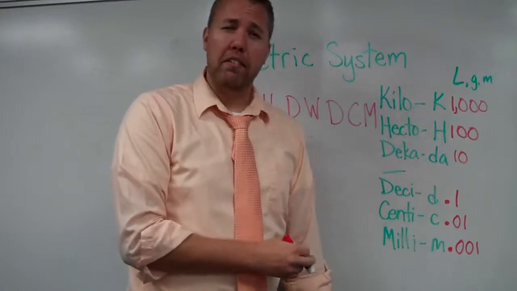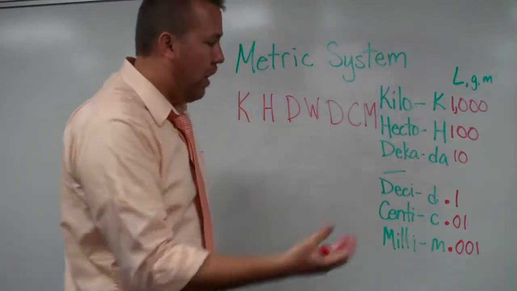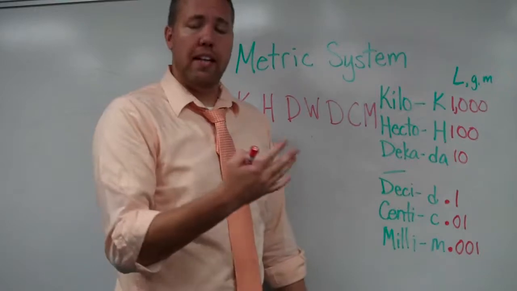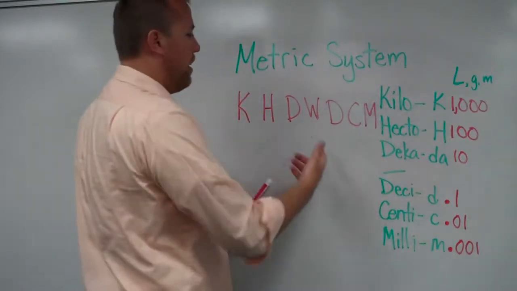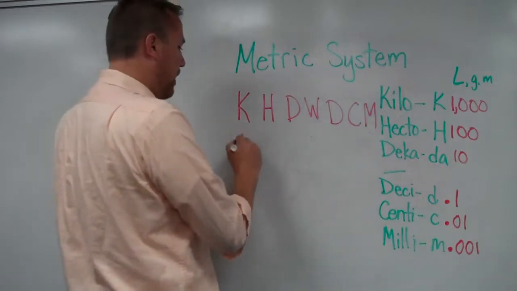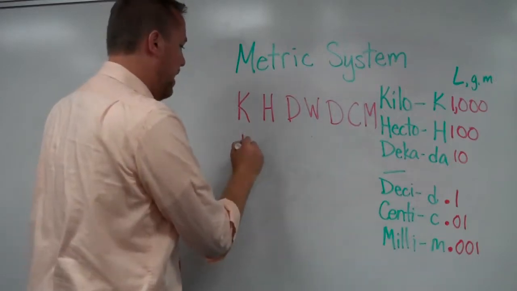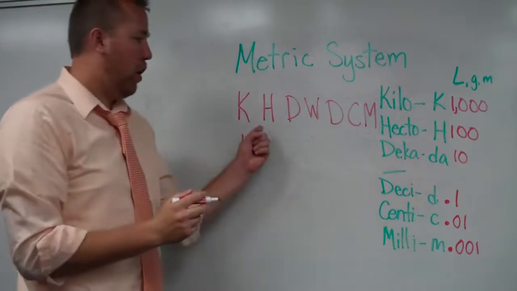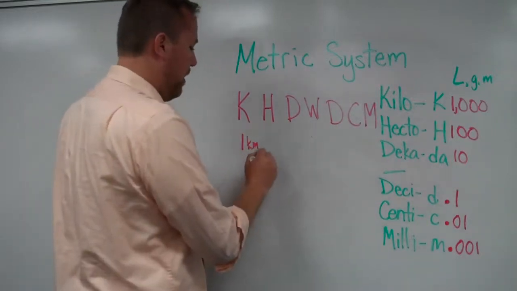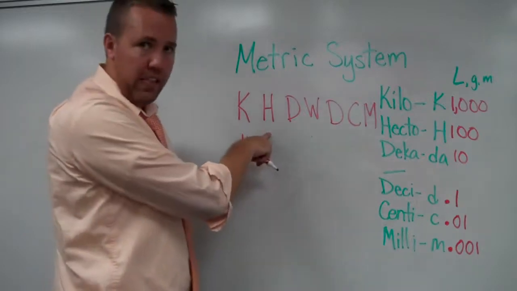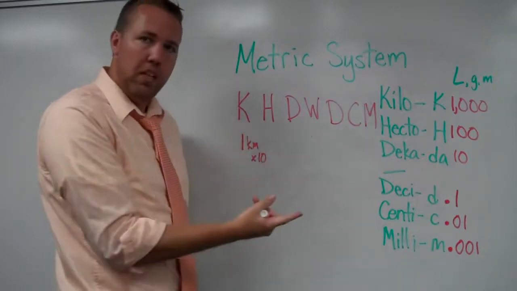It takes a little bit of getting used to with talking about it, but once you get the hang of it, it's much easier than the United States Standard way of measuring, because all it is, if I have 1 kilometer, 1 km is how that would be, and I want to know how many hectometers it is, I just times by 10, and then 10 hectometers in 1 kilometer.